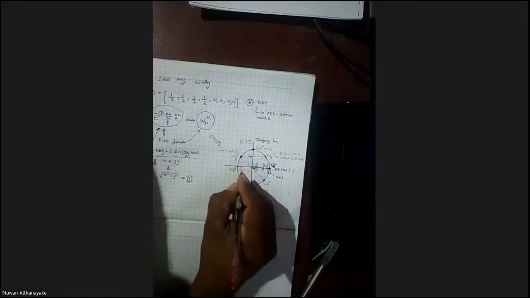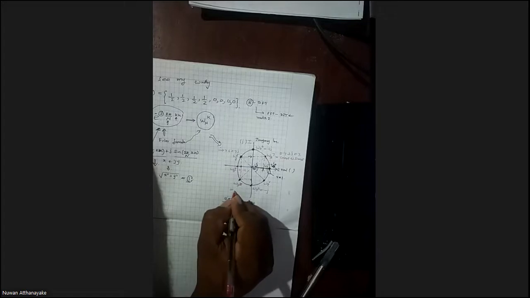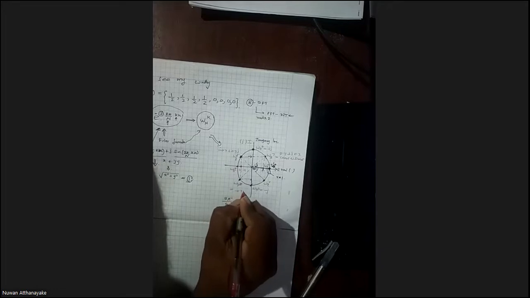And what is this value? Can someone tell me? This one and this one. This will be minus and this will be minus. What is the value? Both are minus. Yes, both are minus: minus 0.7 minus 0.7j. And what is the value here?